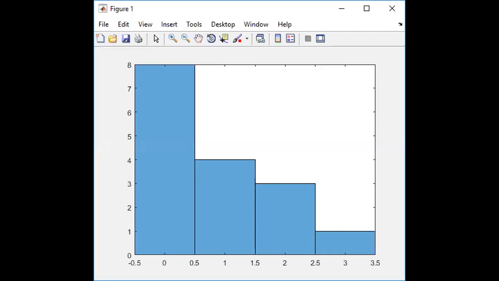Now let me equalize this particular thing. HISTEQ is the command.